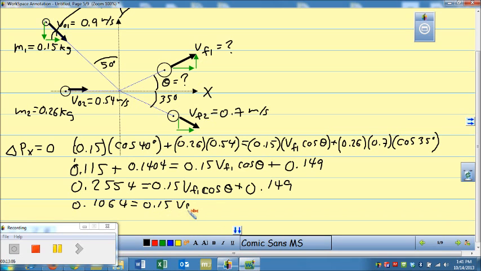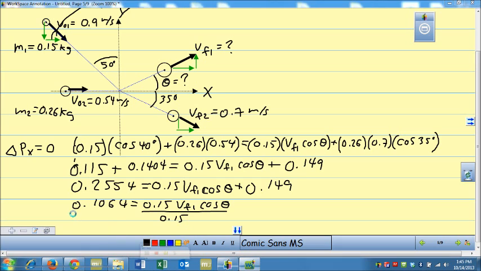0.15 VF1 cosine theta. So I could divide both sides by 0.15, and I'll get 0.1064 divided by 0.15.